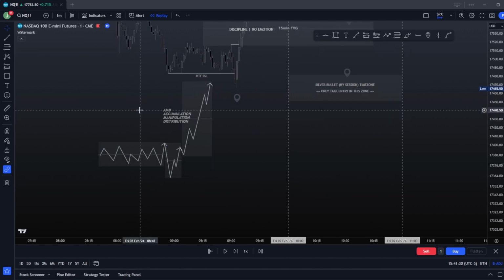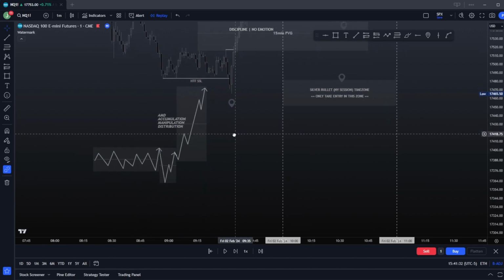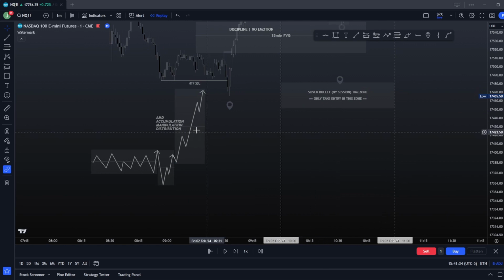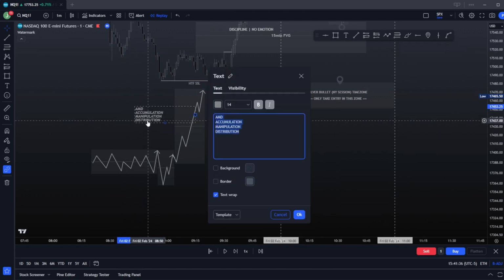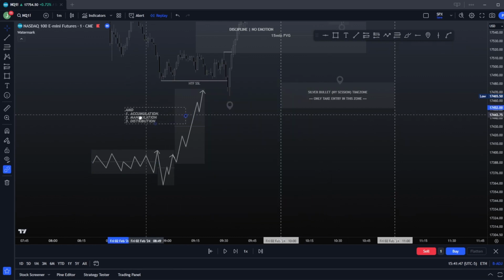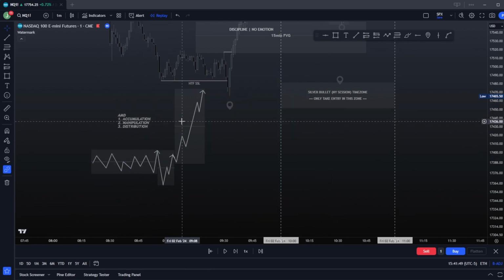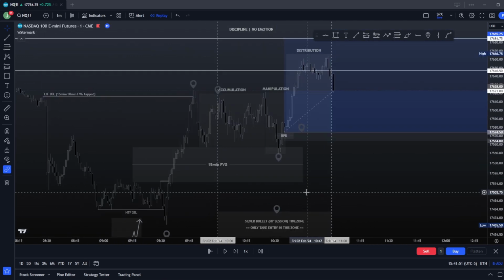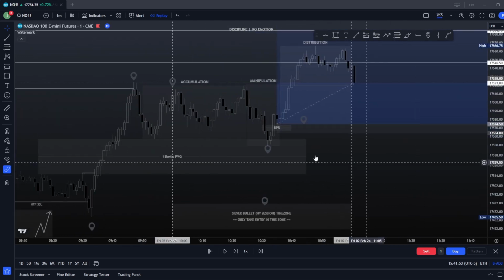Typically what it looks like, obviously you can flip the direction however you want to. It happens in different ways, but accumulation, manipulation, distribution. 1, 2, 3. What do we see here? 1, accumulation, collecting orders.